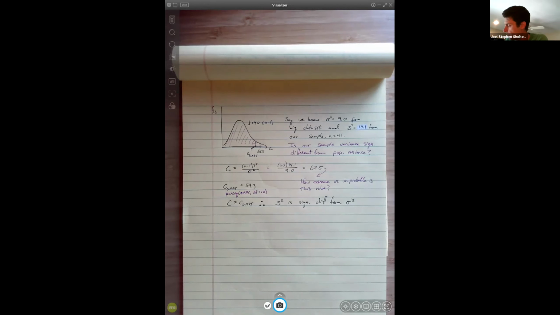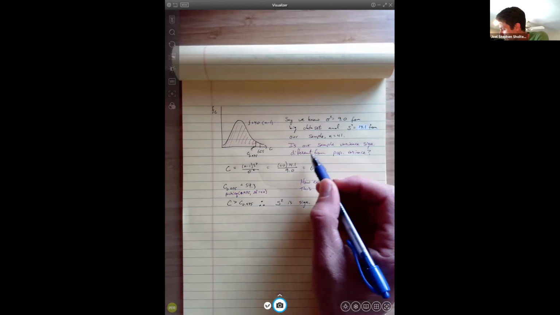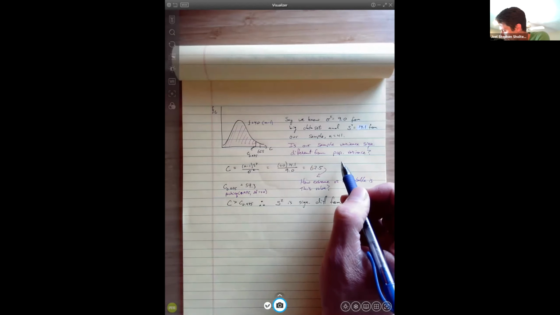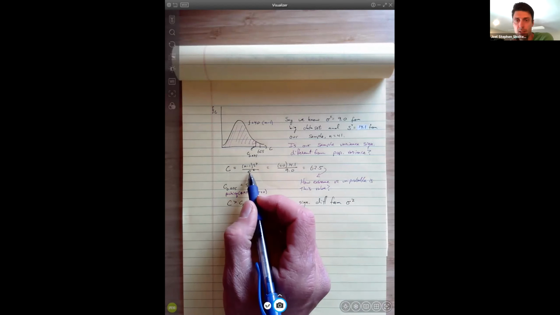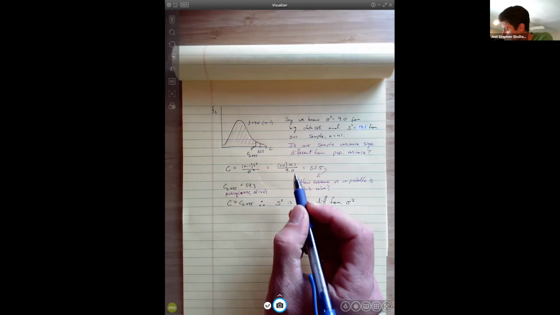We just got a shipment of 41 beams, did our analysis, and got a sample variance of 14.1. So do we have more variability in these fracture numbers than what's coming out of the factory in general? Is our sample variance significantly different from the population variance? We calculate our C score, which is just n minus 1 times the sample variance over the population variance. We get a number.